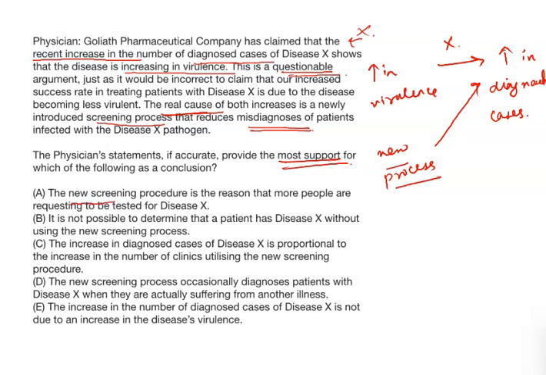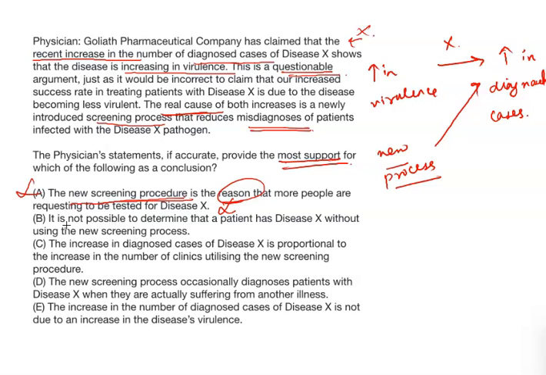This is not something that is supported by the passage. We need to find an option that is supported by the information given, and this is not true because the passage never says that the new screening procedure is the reason for increased testing. So you can take this off.